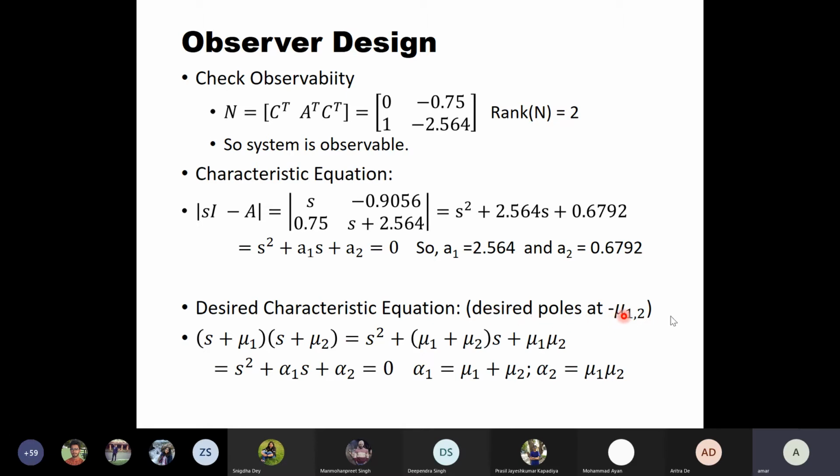I said that desired poles are located at minus mu1, minus mu2, so it will be (s plus mu1)(s plus mu2). So I will get s squared plus (mu1 plus mu2) into s plus mu1 mu2, which gives alpha 1 equal to mu1 plus mu2 and alpha 2 equal to mu1 into mu2.